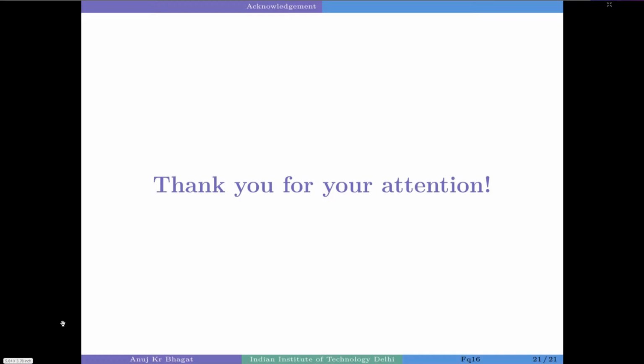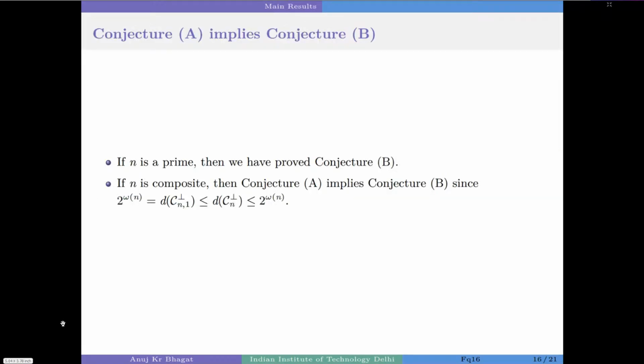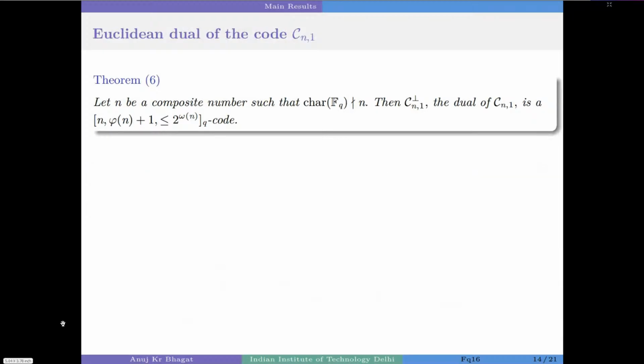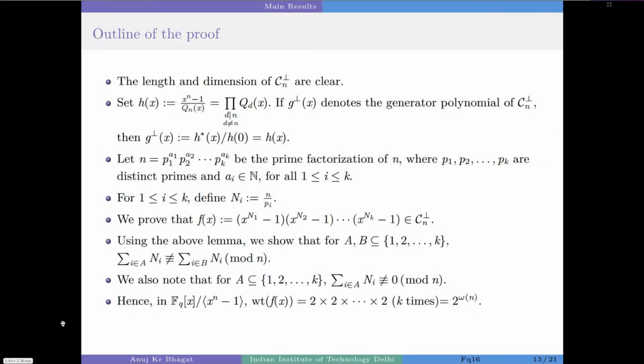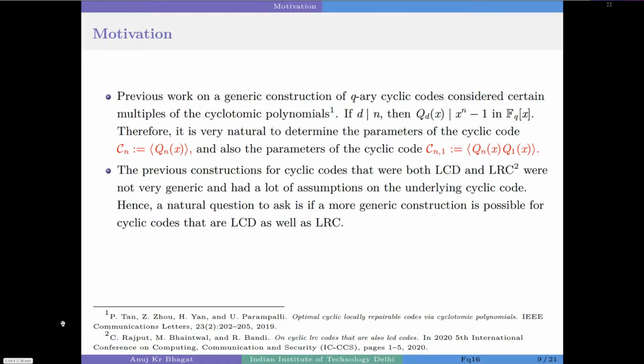I couldn't understand the effect of being LCD on the locality. Are they related, or is it just an extra condition? They're not related by any means. LCD is something else and LRC is also something else. But I could find in the literature that people have worked on cyclic codes that are LCD codes as well as LRC.